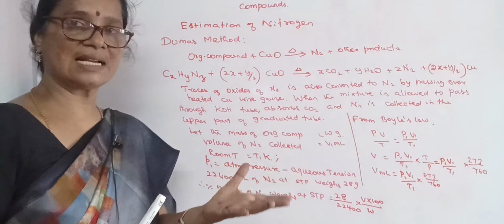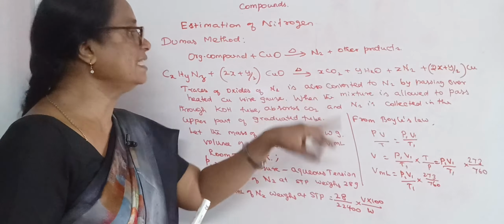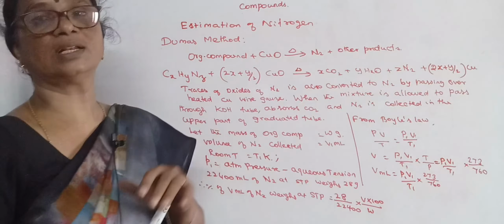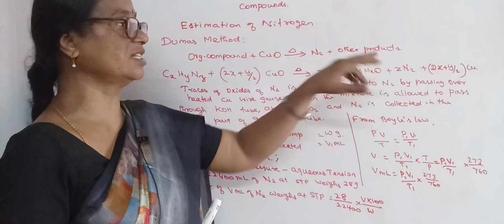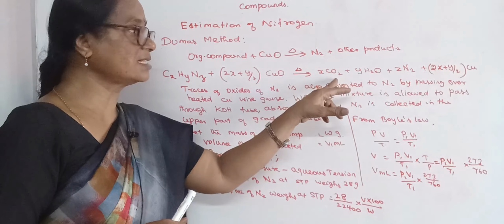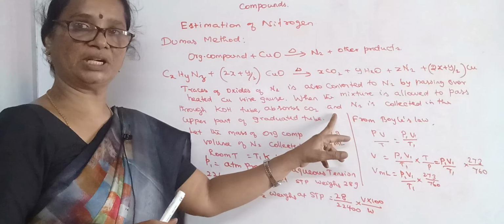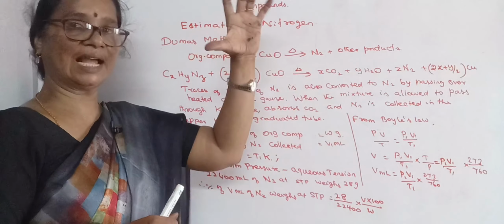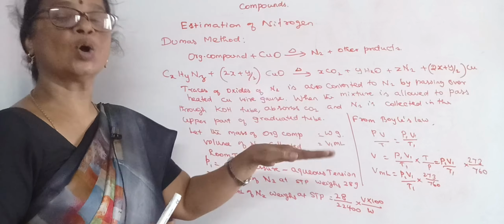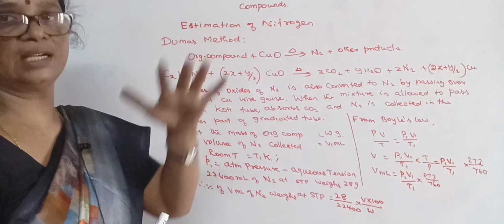The nitrogen gas is also associated with water, because the mixture contains water. Carbon dioxide alone is absorbed by potassium hydroxide, and the aqueous form of nitrogen is present over the surface of the collected tube.